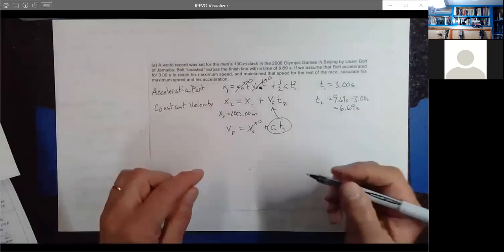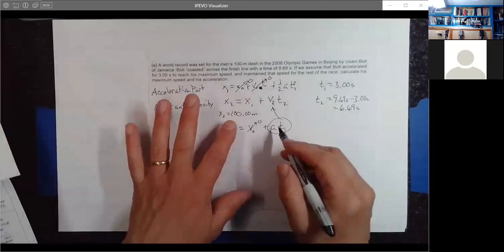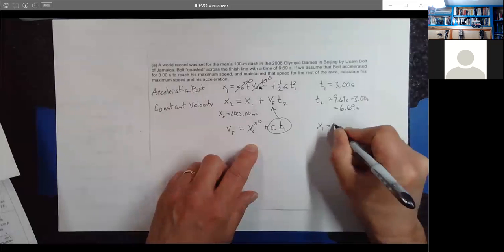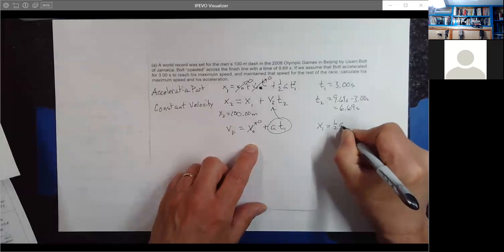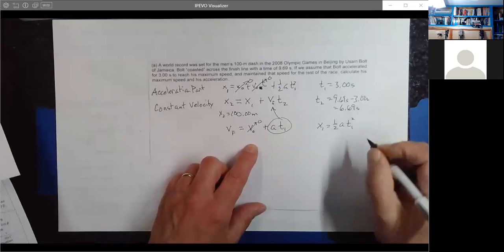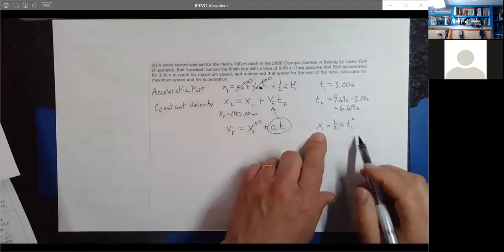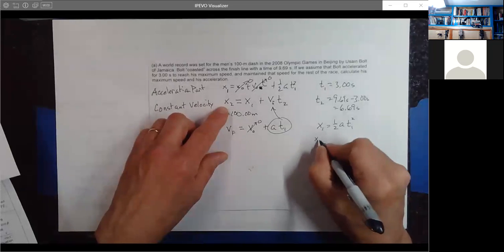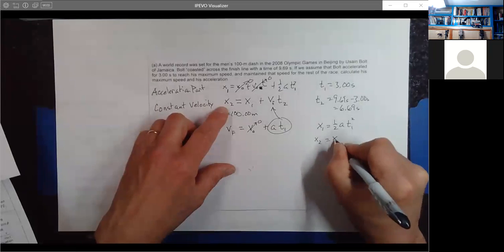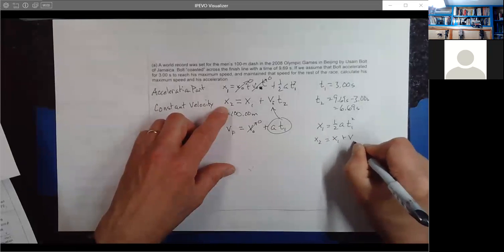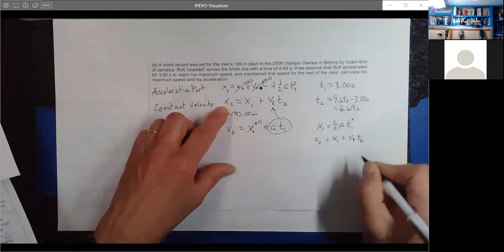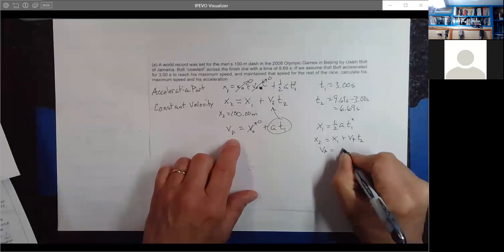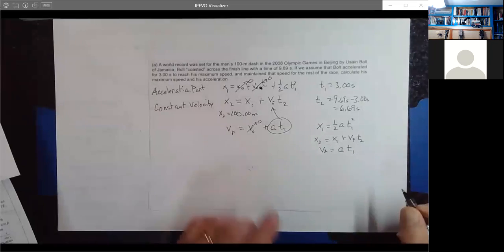You just write down equations that you know, and I'll summarize these without anything crossed out. X1 is equal to 1/2 a t1 squared. I don't know x1, but I do know t1. X2 is equal to x1 plus v final times t2, and v final is equal to at1.